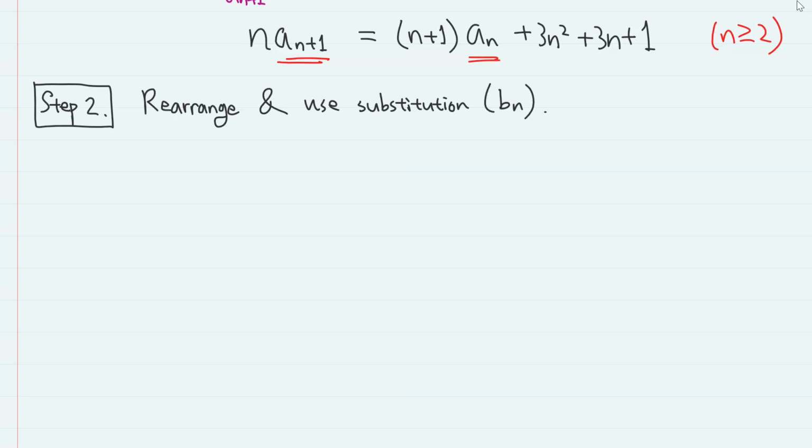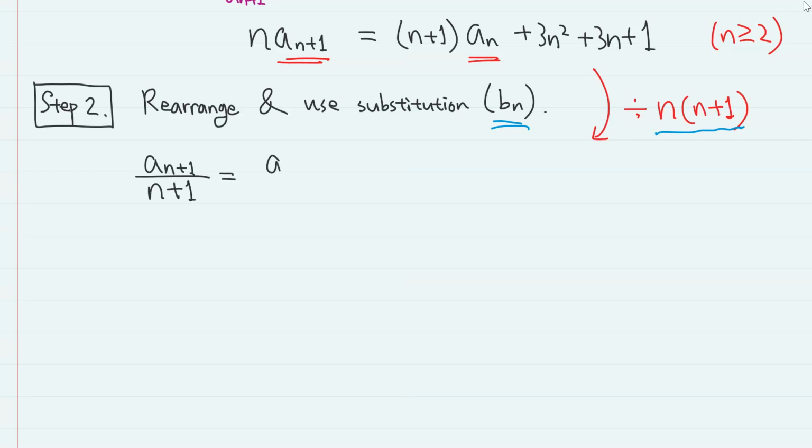Well, this is the recurrence relation where we rearrange terms to obtain a new sequence bn. Here, we divide both sides by n plus 1, which gives a(n+1) over (n+1) equals an over n plus 3n squared plus 3n plus 1 over n(n+1), and 3n squared plus 3n plus 1 can be written as 3n(n+1) plus 1.